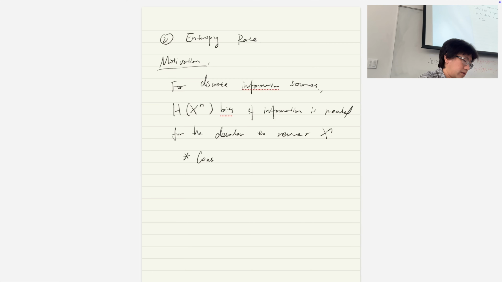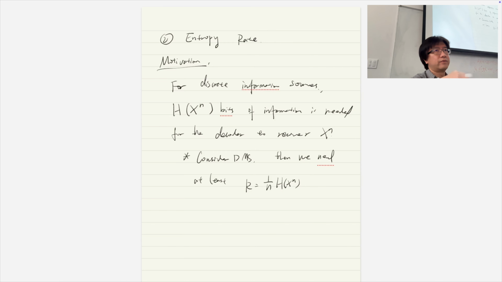We consider a DMS, discrete memoryless source, and we need at least R equals, if we normalize it by n, and if we consider X^n memoryless, this equals 1 over n times nH(X), which equals H(X) bits of information. So this is what we need, and this is what we learned before.